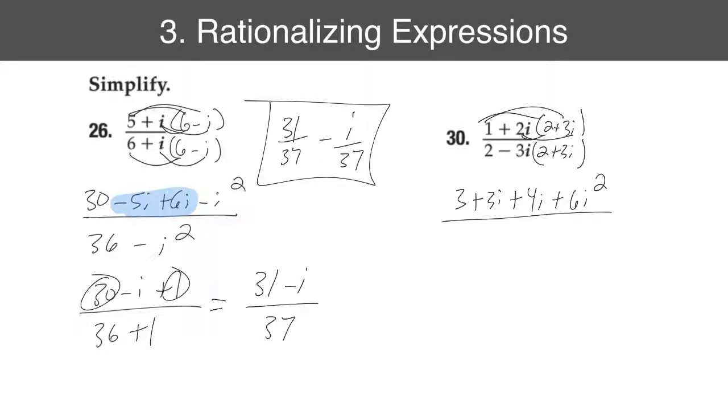On bottom, again, you can skip the middle part. You can just do first and last. So 2 times 2 would be 4, and then negative 3i times 3i would be negative 9i squared. All right, on top, we combine some like terms. So it'd be 3i plus 4i, which would come out to be 3 plus 7i.